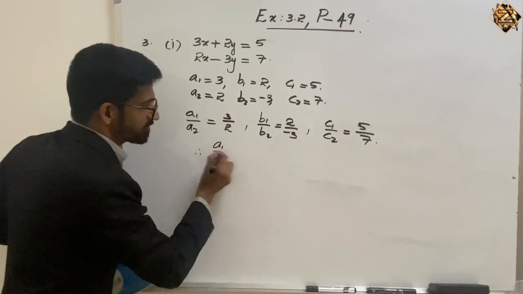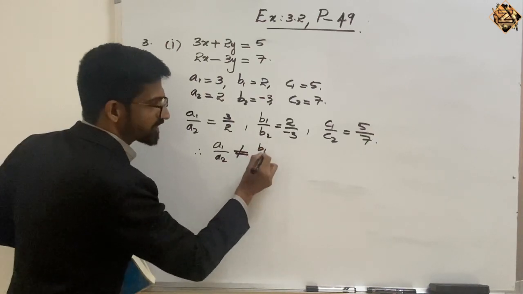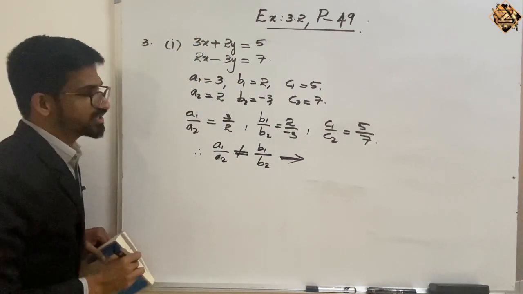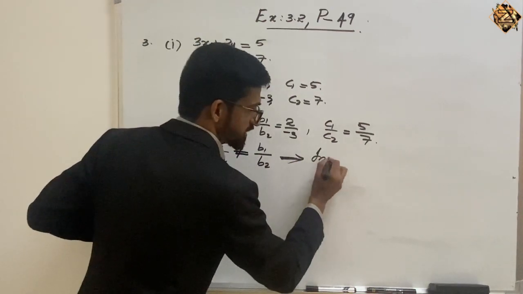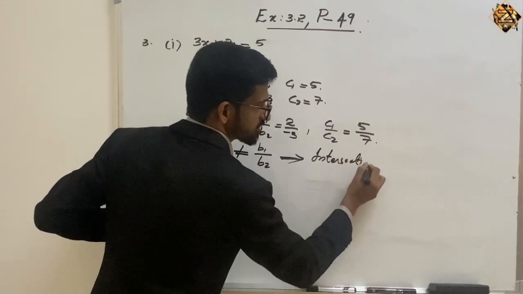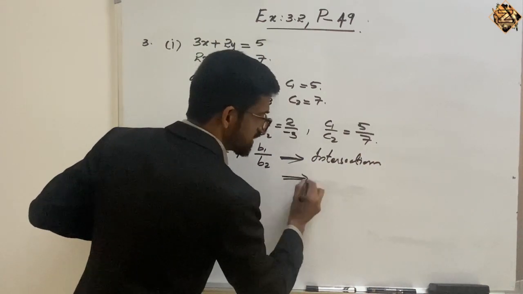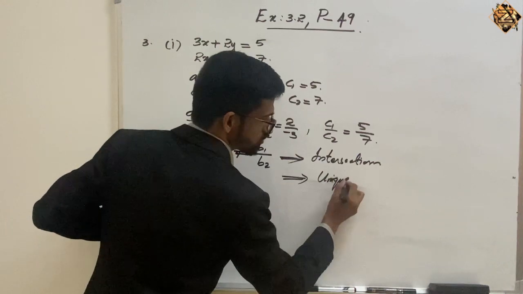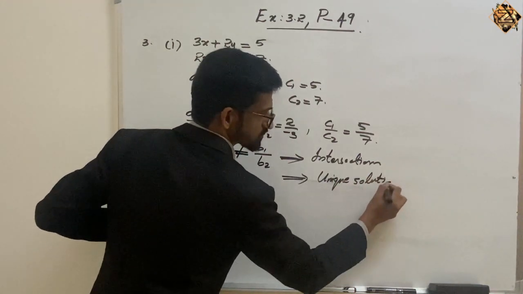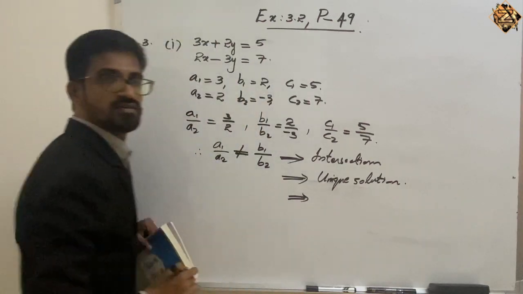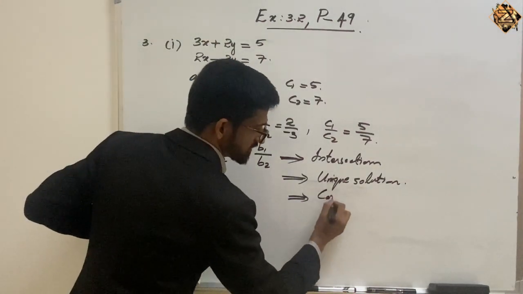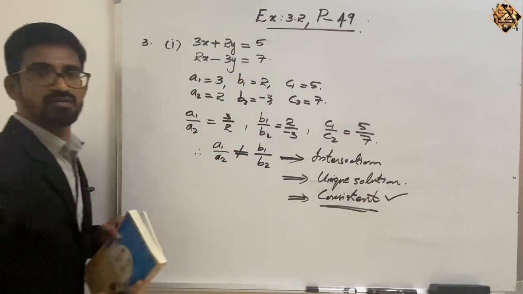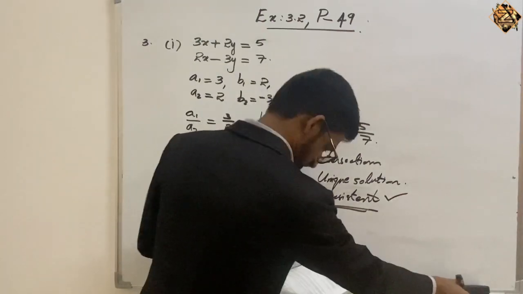Therefore the given pair of lines are intersecting, which means it has exactly one solution, a unique solution, which means the given pair of linear equations is consistent. Hope it is clear.